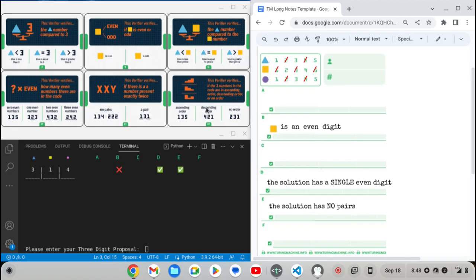If I knew it was descending, again, I would know that triangle would be greater than square, making, again, this card irrelevant. So I think we can deduce that the solution should have no order. So let me go ahead and type that up in our notes here.